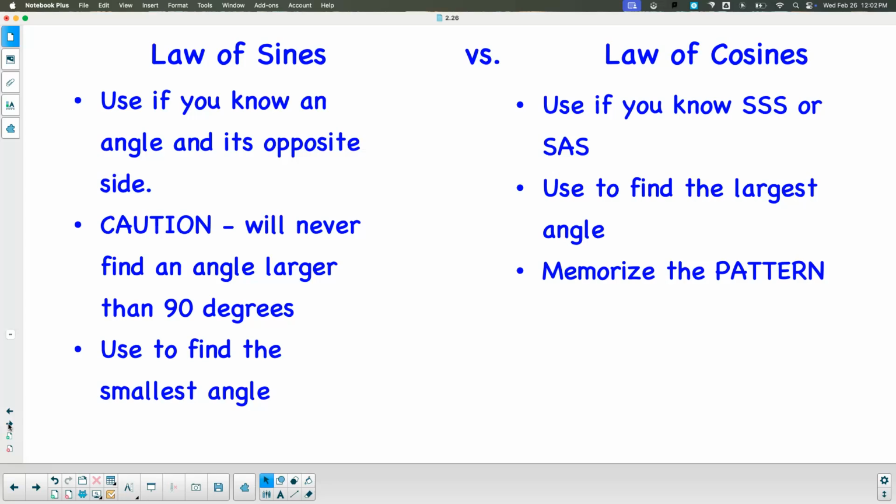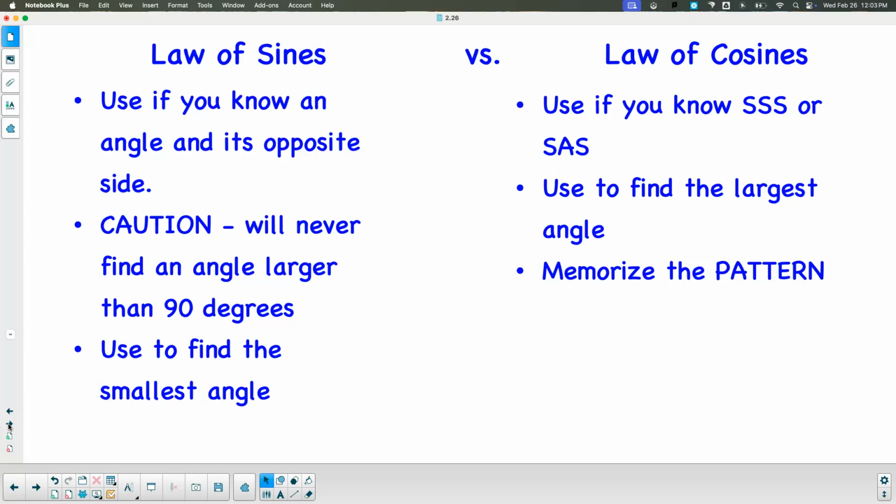Law of sines, you've got to check for the ambiguous case in that angle-side case. You've got to check for that, because inverse sine will never find an angle larger than 90 degrees. We use the law of sines to find small stuff first.